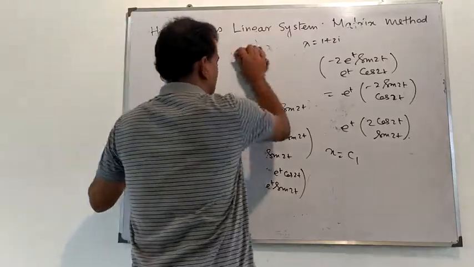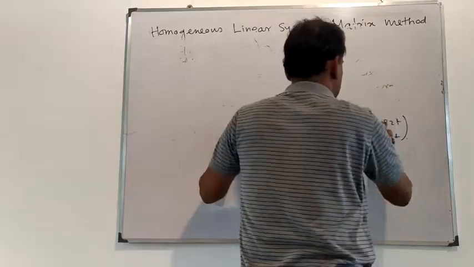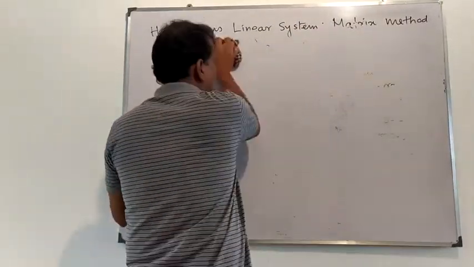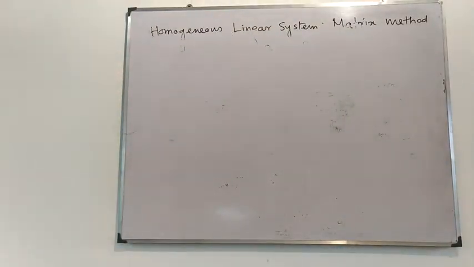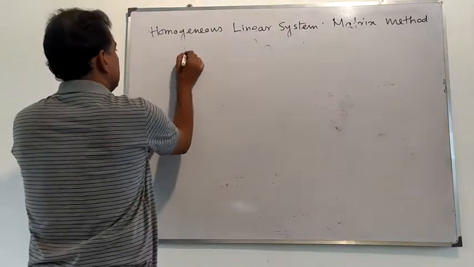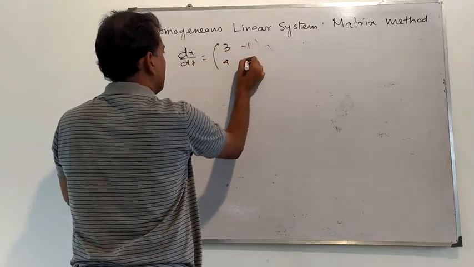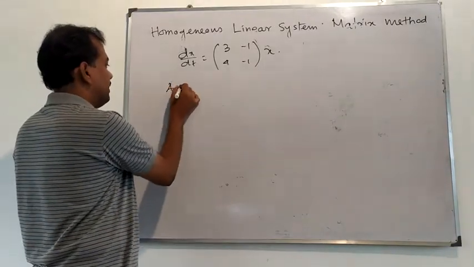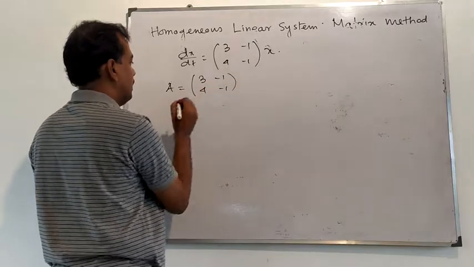Now we give another example where two eigenvalues are equal. Here the coefficient matrix A is equal to 3 minus 1, 4 minus 1.